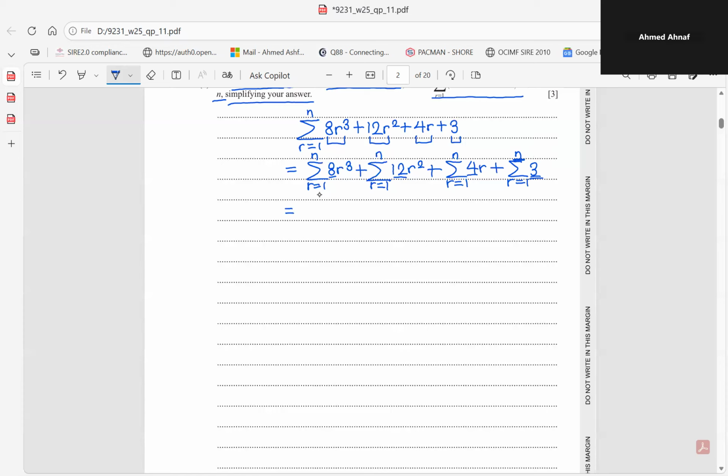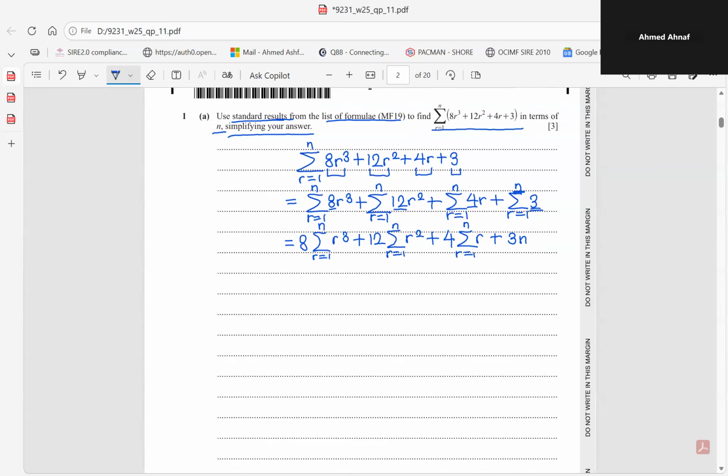So let's do that. Just take out the 8. So 8 times the summation of r equals 1 to n of r cubed, plus 12 times the summation of r squared, plus 4 times the summation of r, plus 3n.